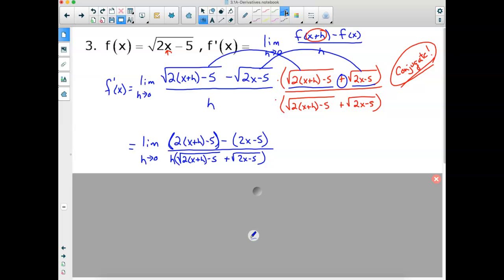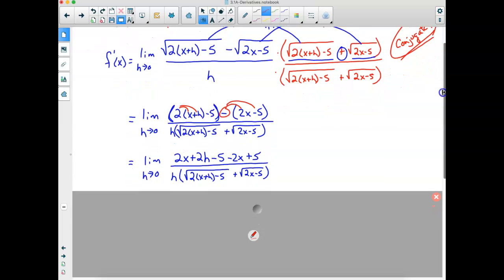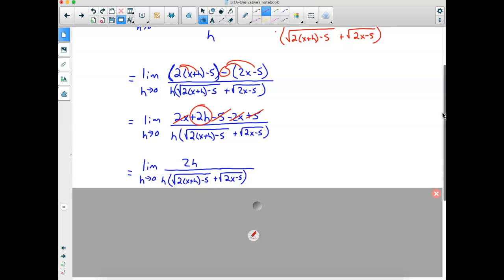The reason I have this up here is because I have to distribute to get 2x plus 2h minus 5, since there's more than one term there. That gets me right down to here: 2x plus 2h minus 5 minus 2x plus 5. I got a plus 5, a minus 5, a minus 2x, and a plus 2x. Check it out, the only terms in the top are h's.